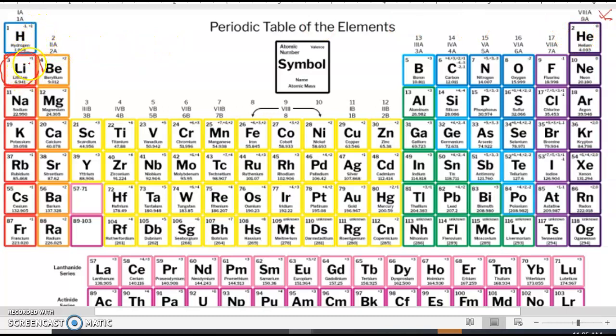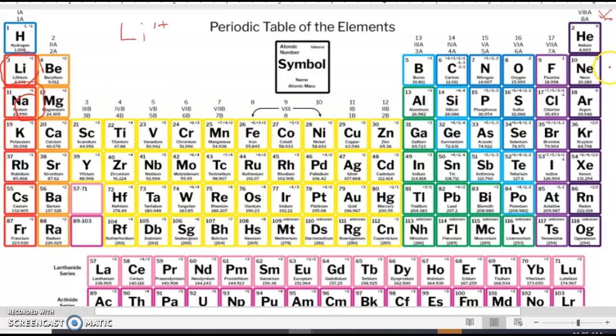So lithium would be Li 1 plus. It would have a +1 charge because it would lose 1 electron. All right, let's look at sodium. Sodium has 11 electrons. That circle didn't work out real well, but I think you can tell I'm talking about sodium here. What noble gas is closest with respect to electrons to sodium?